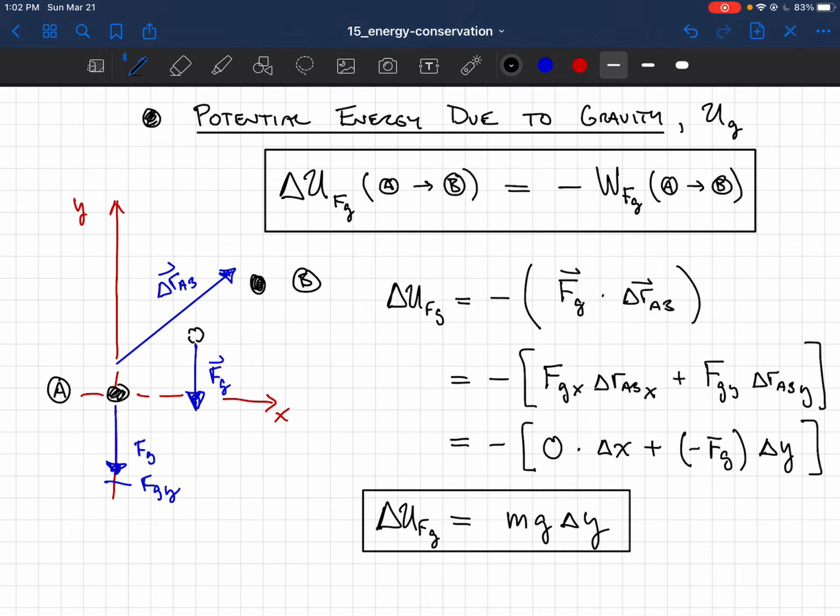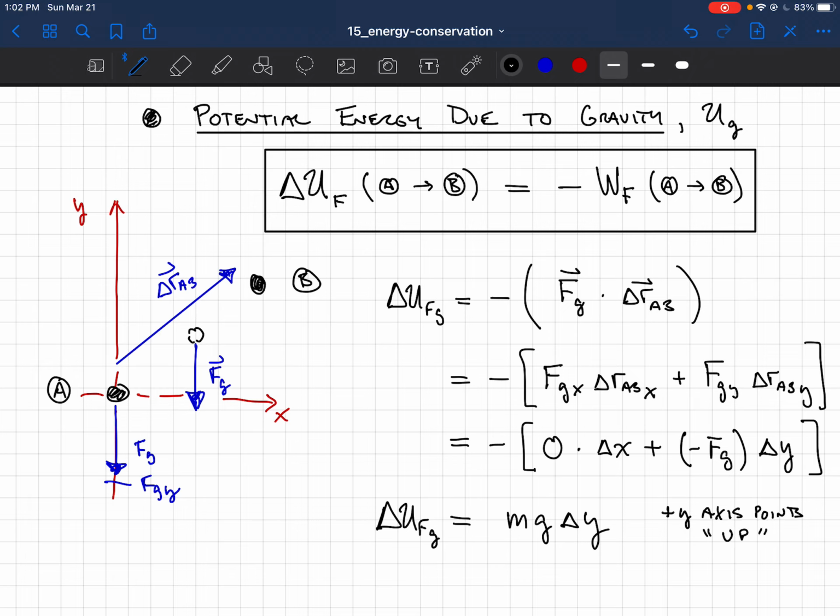So our basic equation for potential energy, maybe I should erase the little g's here, then we see that it's really the basic equation for any conservative force. For the force of gravity it turns out to be this particular expression, and I actually should put the box around one other thing, which is that the plus y-axis points up, meaning up away from the center of the Earth.